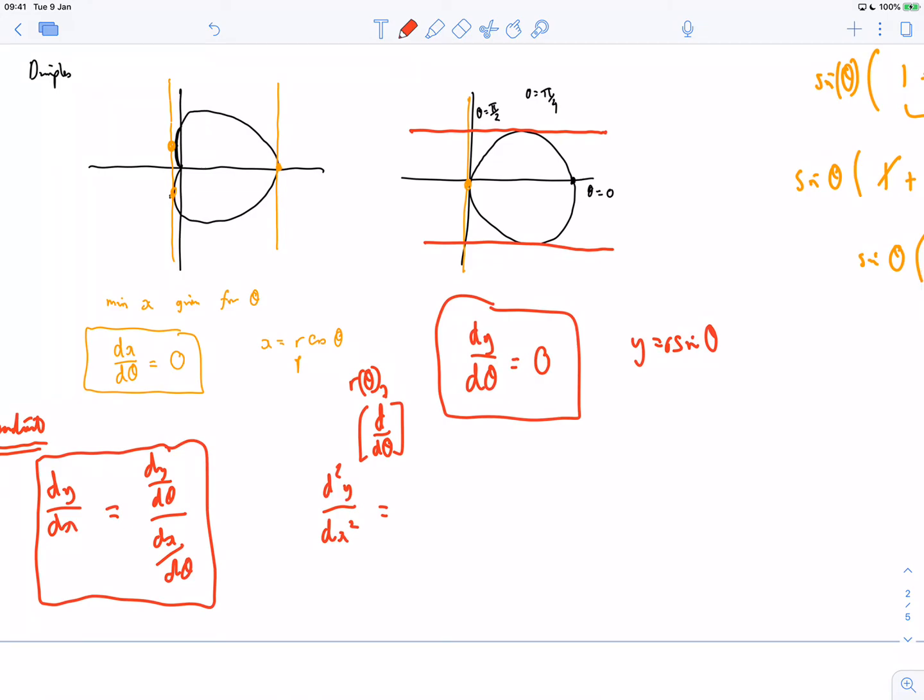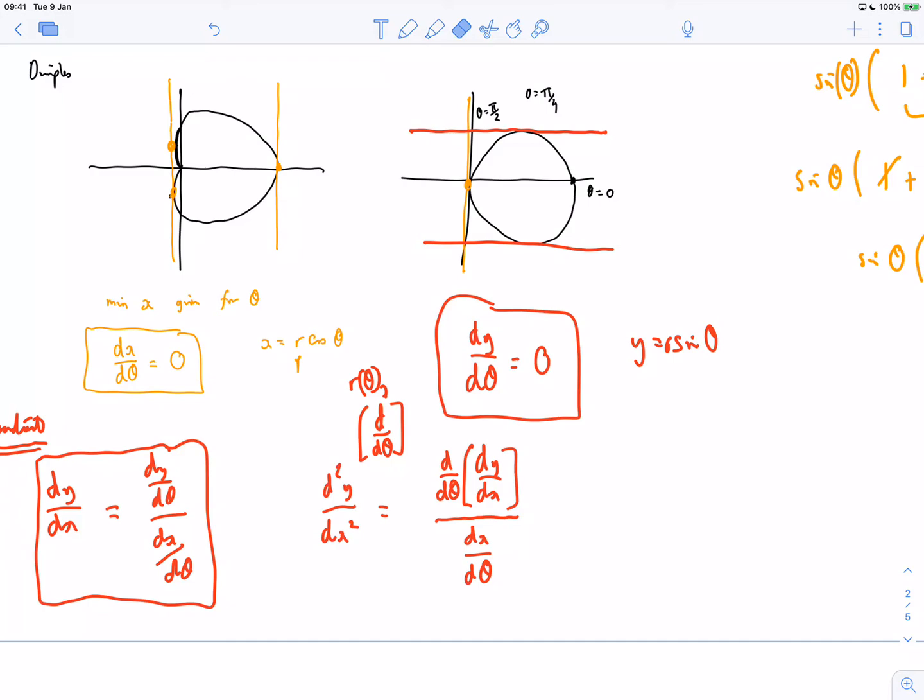If I take dy by dx and differentiate that with respect to theta, that will get the d2y on the top, but I'll have a d theta dx on the bottom, and technically I want a dx squared on the bottom. So I would have to multiply by d theta on the top and d theta dx on the bottom. That's essentially dividing by dx by d theta, like so.